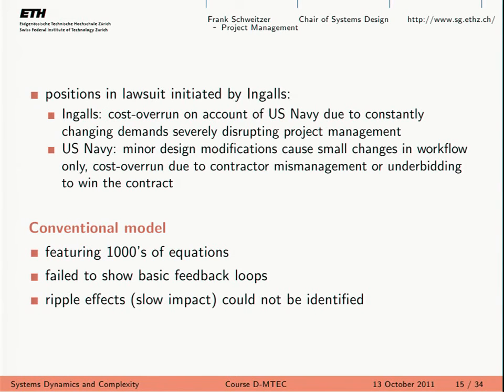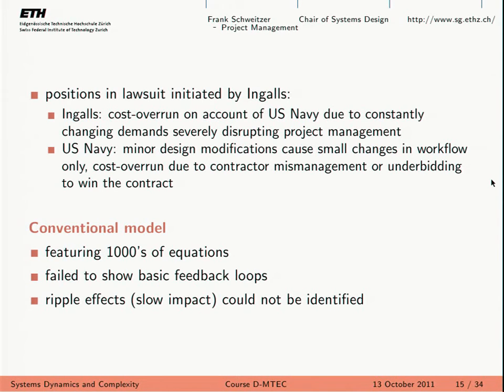As you may imagine, the shipbuilders claimed that all these small changes caused a lot of feedback loops upstream. They caused a lot of unexpected delays, and eventually they resulted in this $500 million cost overrun. The US Navy, on the other hand, took the opposite position.